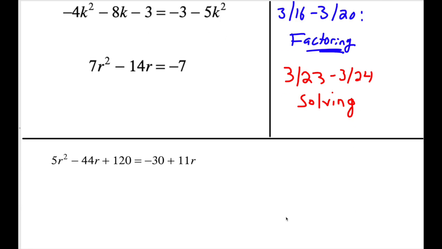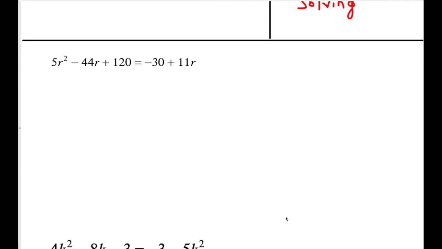I'm going to start with the first equation: 5r squared minus 44r plus 120 is equal to negative 30 plus 11r. Okay, and so I need to make the right-hand side equal to 0. So I'm going to add 30 to both sides to cancel out the negative 30, and I'll also subtract 11r from both sides.